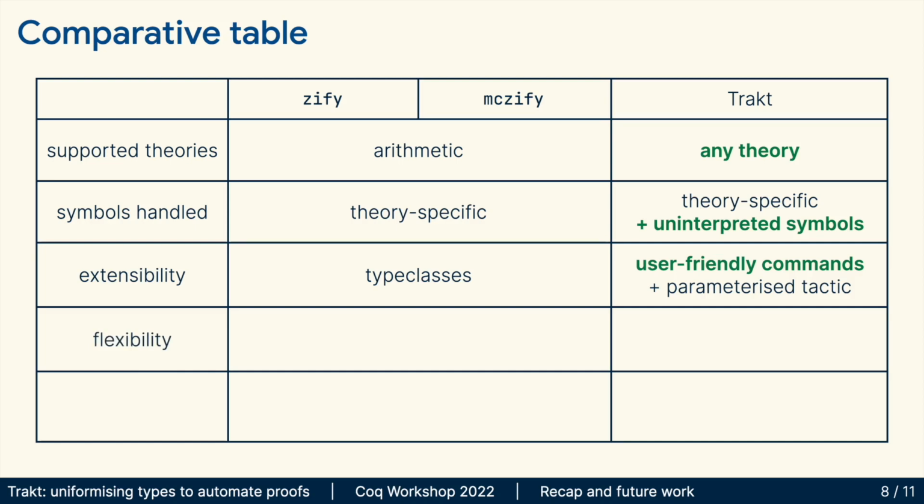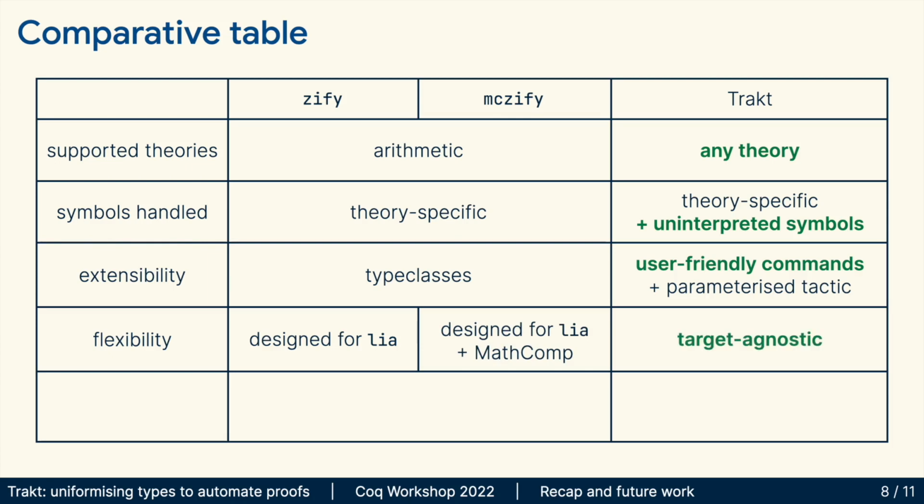For flexibility, Zedify is designed for LIA. MCZedify is also designed for LIA because it's based on Zedify, but it adds the MathComp source, whereas Trakt is target agnostic, so no target tool is hard-coded either. We can use it with any automation tool.